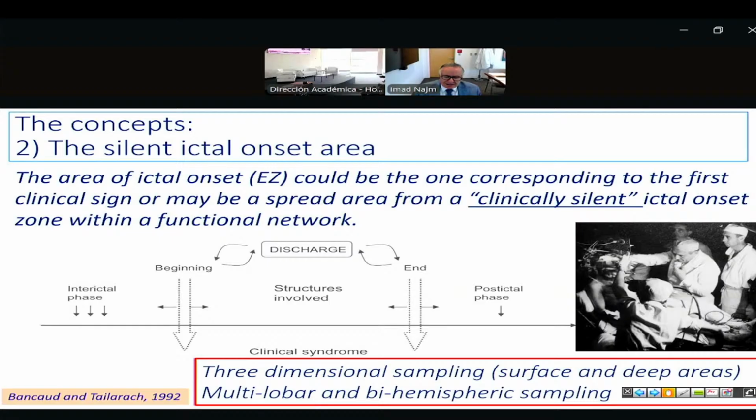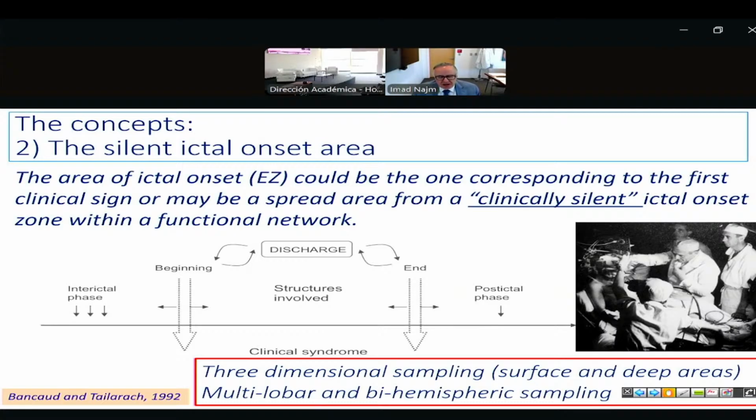The second, probably even more important, is the concept of the silent ictal onset region. This is distinctly different from how we used to think here at Cleveland Clinic, which is basically looking at the aura or the first clinical sign as the potential seizure onset area.